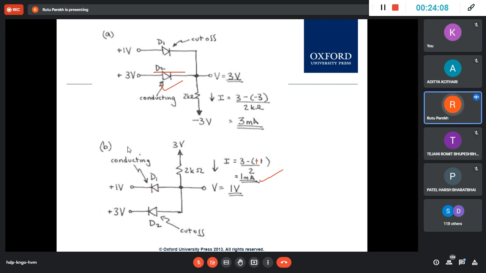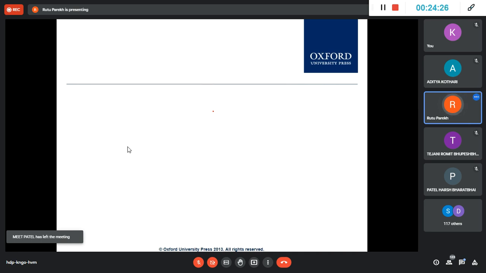And similarly, once this is conducting, 1 volt will appear, so 1 volt is here and plus 3, so this will make that into cutoff. And so these are driven into cutoff. Initially, although it may seem otherwise, once you turn it on, it will get into cutoff.